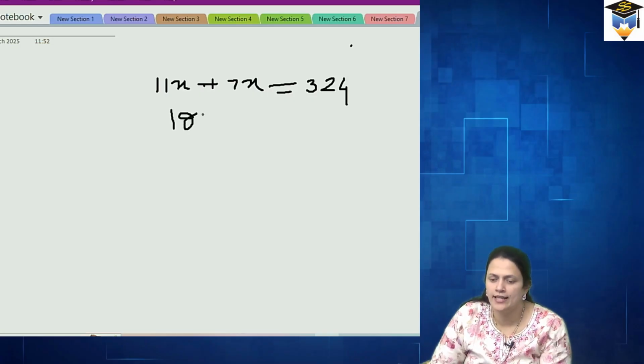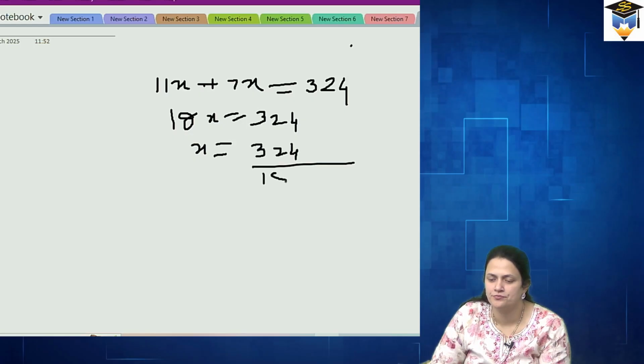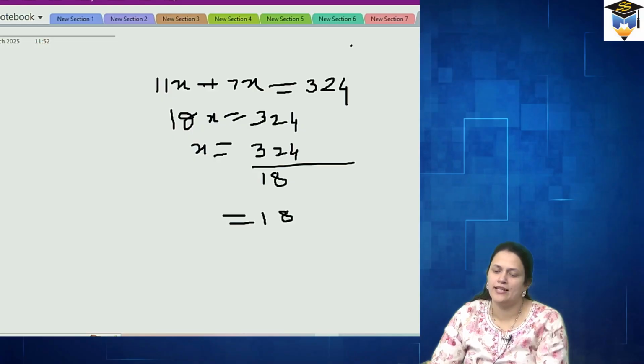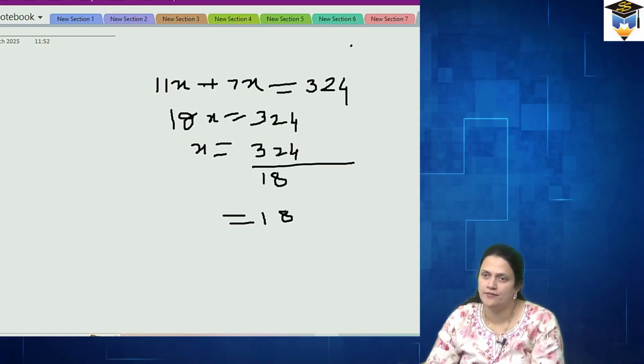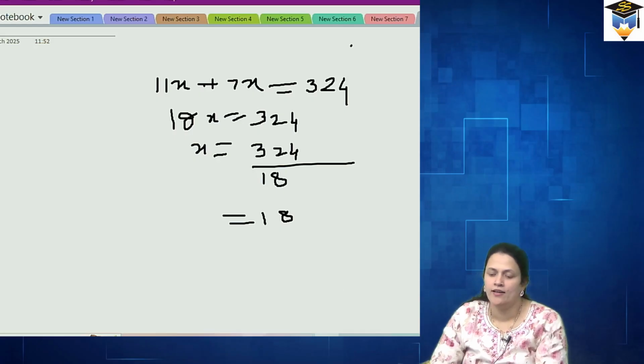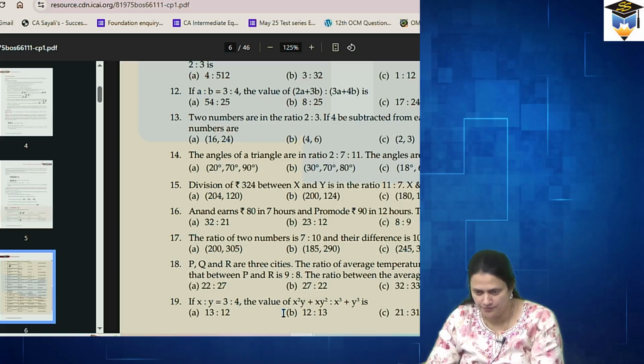So that means 18x is 324. So that means x is... 18 squared is 324, right? So the value of x is 18. So now tell me the answer.